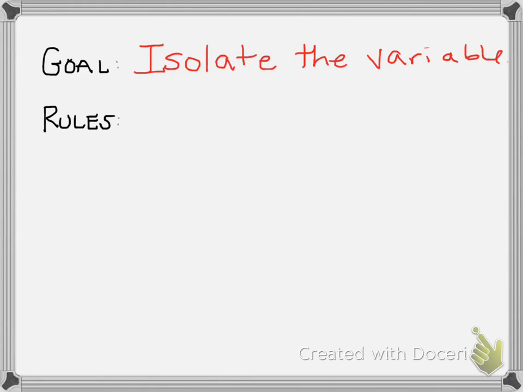So that's the goal: isolate the variable. Now, here are the rules. There's really just one I want to tell you about, and then some hints on how to go about isolating the variable. But the rule is, whatever you do to one side of the equation, you have to do to the other side. So let's write that down.